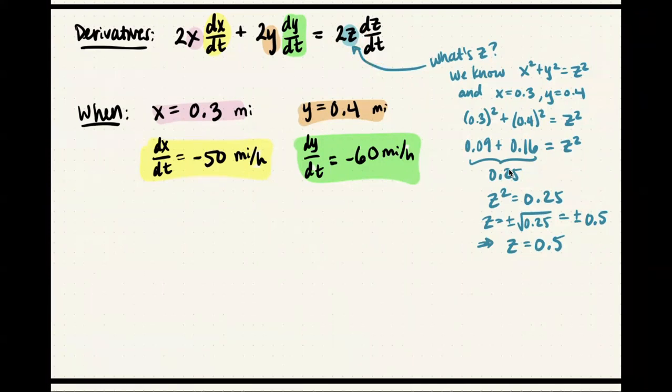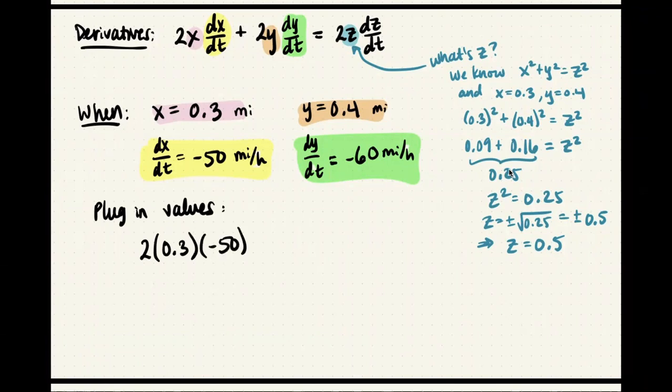Okay, so let's plug in our values. I have 2 times x times dx dt. So I'll indicate what this was. This was 2x dx dt. I'm just plugging in the numbers now.